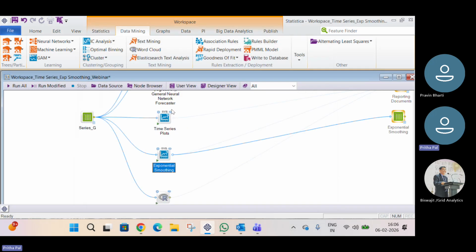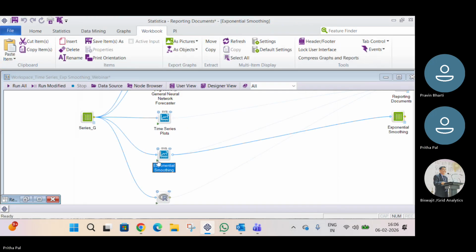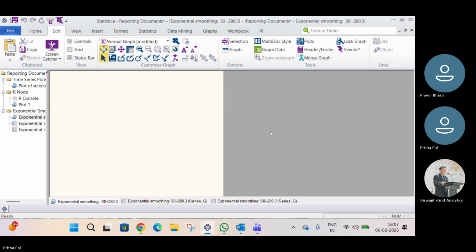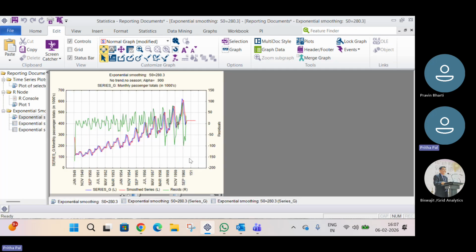Next, if I click OK and run the node from the local report, we can first see the graph.